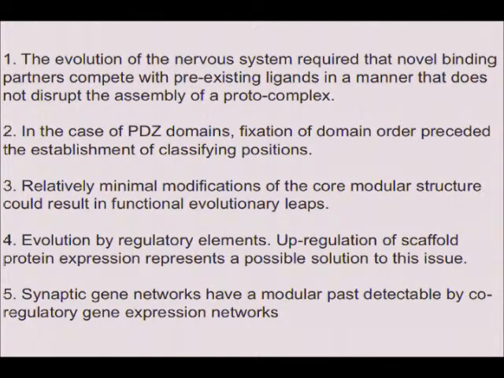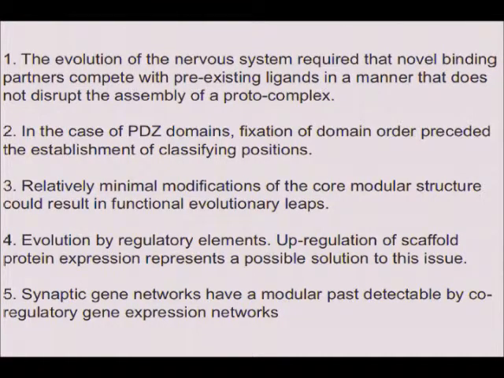In the case of PDZ domains, fixation of domain order preceded the establishment of classifying positions. Monosiga already has the three PDZ domains, so there's synteny between the PDZ domain order of Monosiga and the rest of the animal kingdom. But what Monosiga lacks are key positions which now result in these clades of different types of PDZ domains.